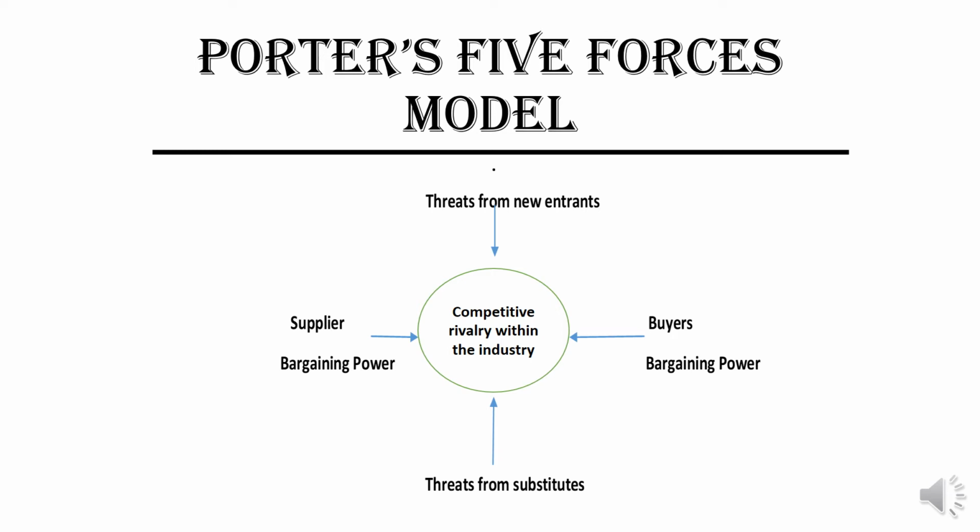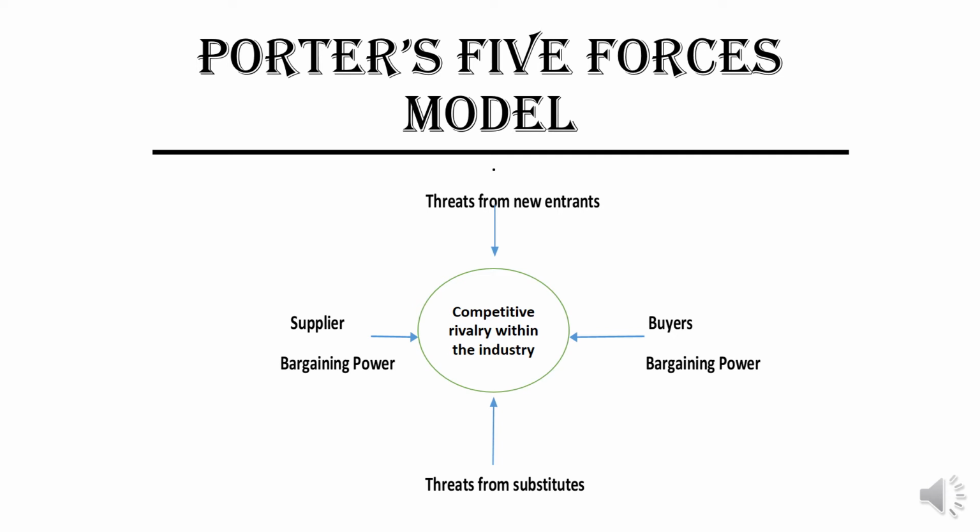Because buyers are able to switch to other suppliers. This switching makes it difficult for the players within the industry to charge high prices for their products, because their products can easily be substituted. So the presence of substitutes reduces the profits of the players within the industry, and hence becomes a threat.